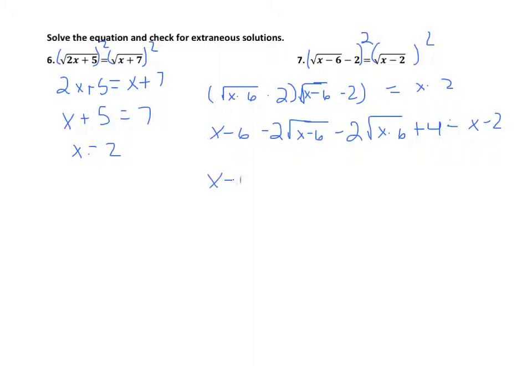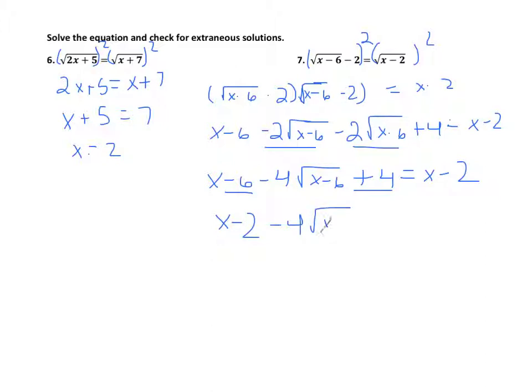So x minus 6 minus 4 square root of x minus 6, because these two are like terms, plus 4, equals x minus 2. So subtract this over, add this over.